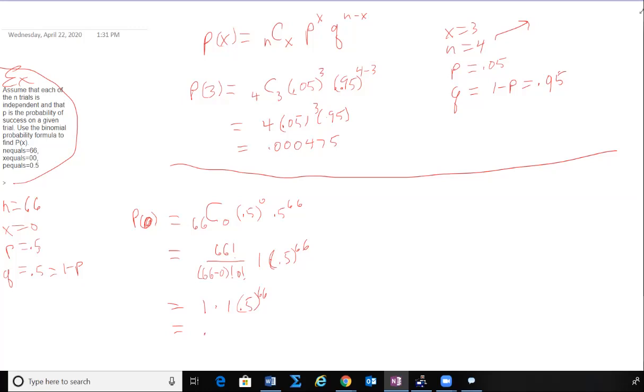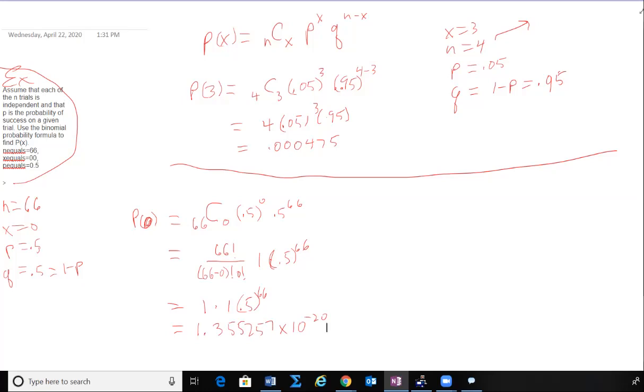I'm going to put it in scientific notation since it's so small. It's approximately 3.55257 times 10 to the negative 20. Wow, that is small. Okay, so not likely for that to happen.